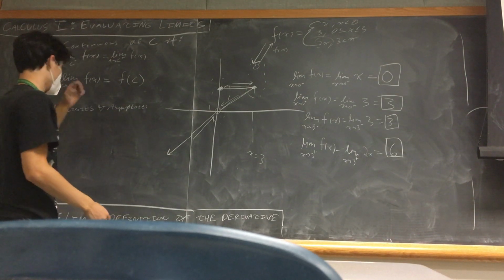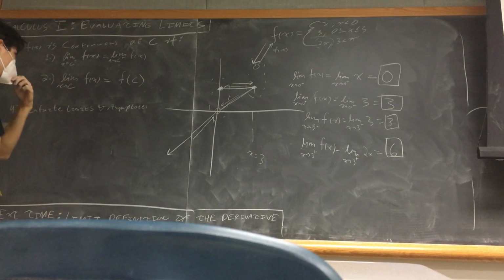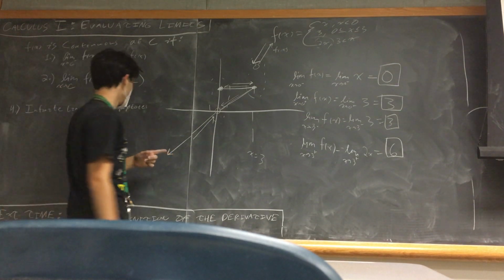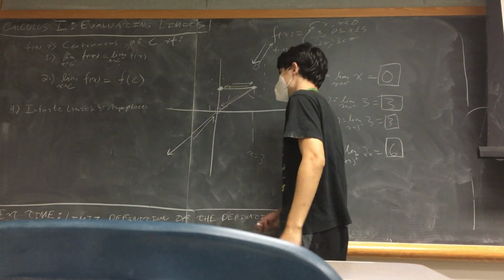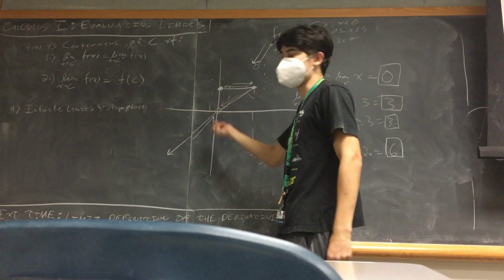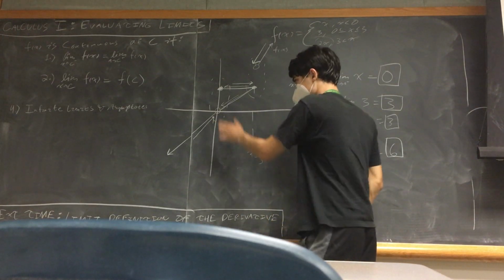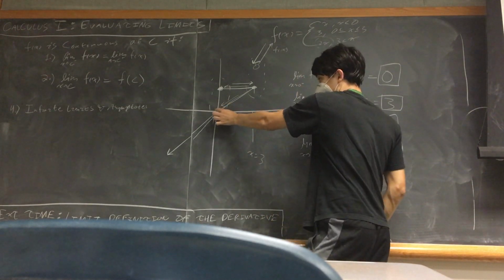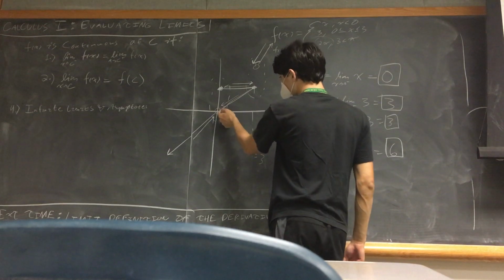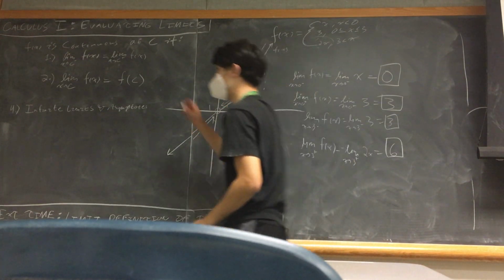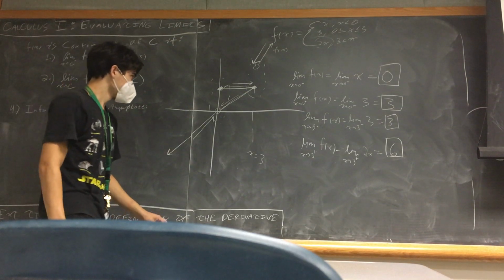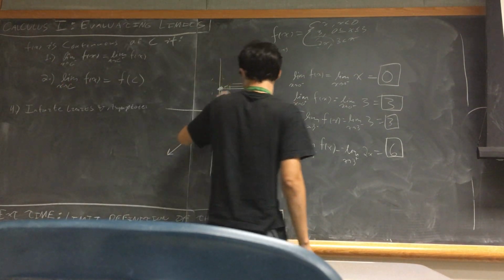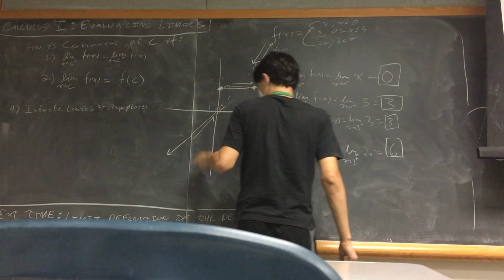Meaning, if the limit as x approaches c of f of x is equal to the function value f of c. So if you look here at c equals 0, the limit exists. The limit right here is 0. But f of 0 is undefined, meaning this second condition for continuity is not met. So let's look at this example again.